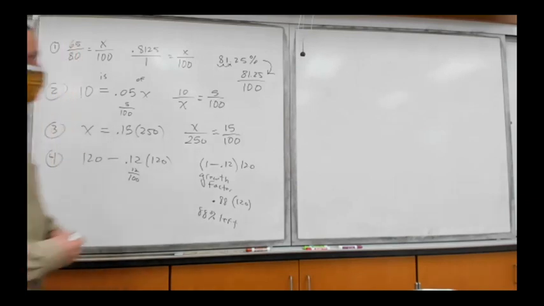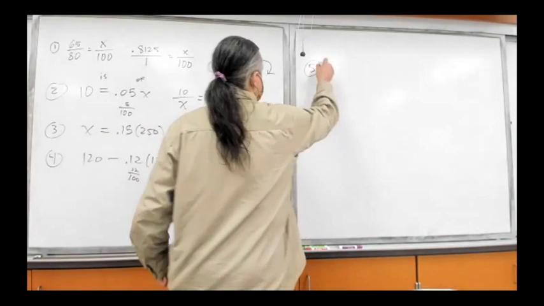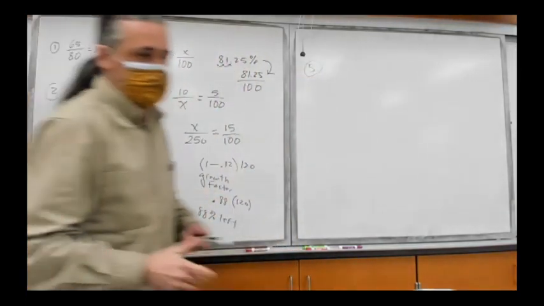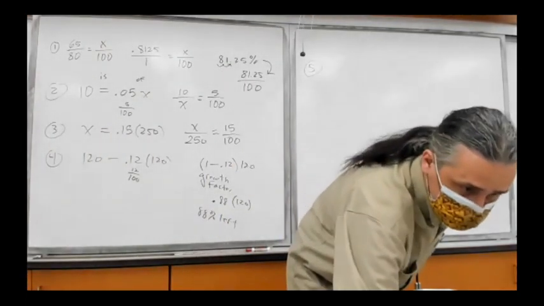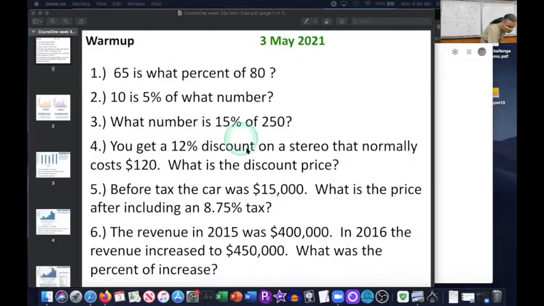Okay, then we've got the fifth problem, which is similar, but it's based upon an increase. So tax: we've got to pay tax on the $15,000 car. So we're going to add the tax to the $15,000. Okay, so the quick way again.